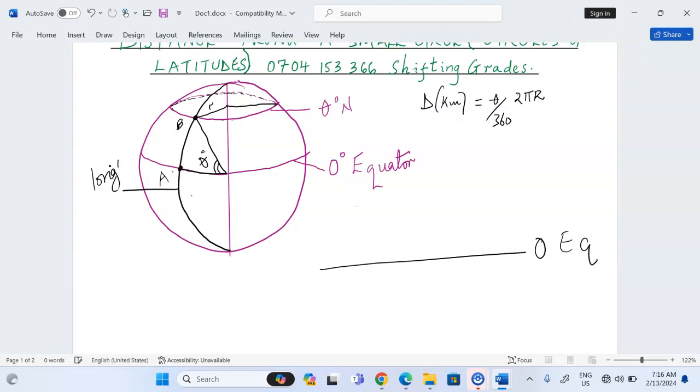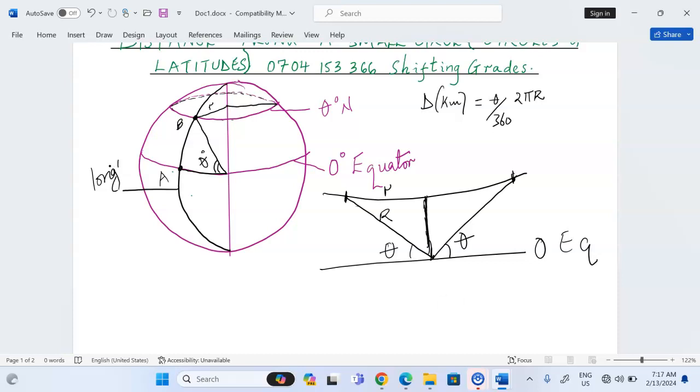Then there is a certain latitude. Let's say theta degrees to the latitude. This is theta degrees to the latitude. This is the radius of the Earth, because from where the latitude is passing to the center is the radius. So now we have a smaller radius here for the small circle. I want us to get this small radius.